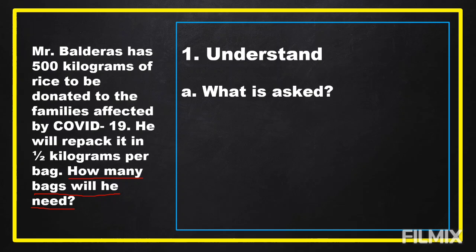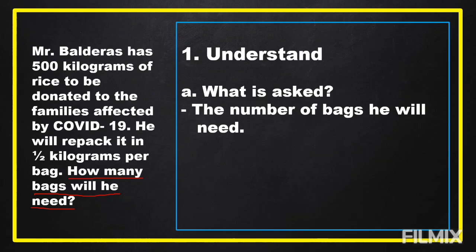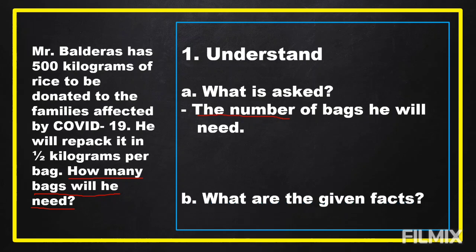If the question is how many, then our answer will start with the number. If the question is how much, then our answer will start with the amount. So in our question, how many bags will he need? Our answer is the number of bags he will need.